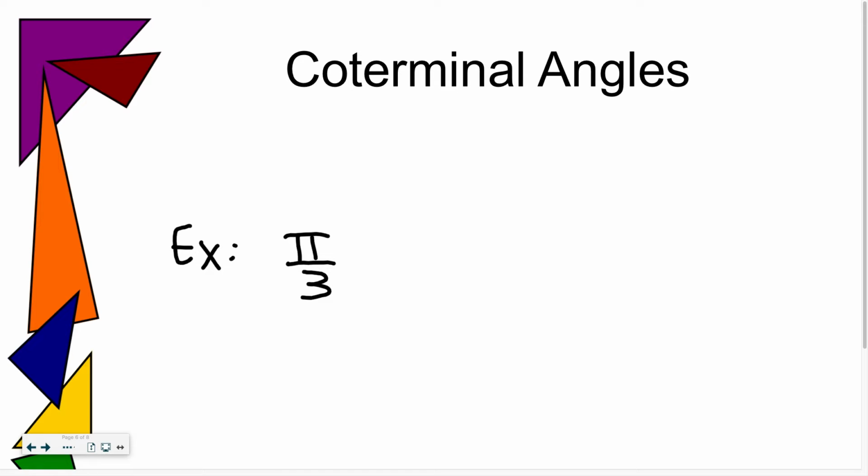Let's talk about coterminal angles in radians. Coterminal angles are the same thing in radians as they are in degrees, right? It just means it's the same angle, different measure.